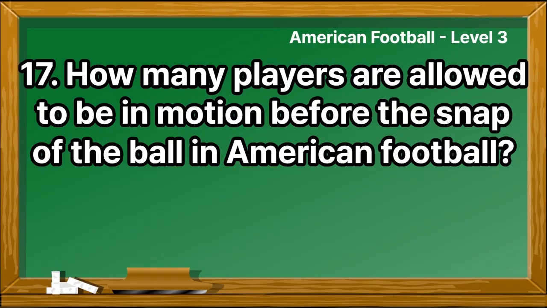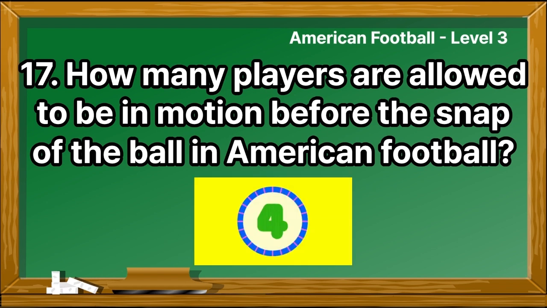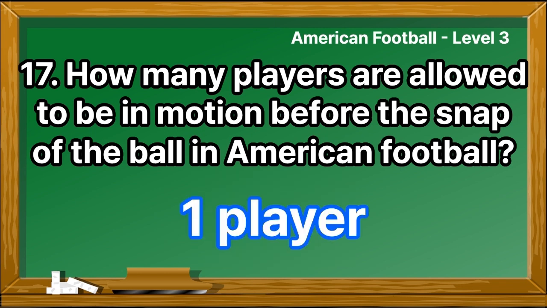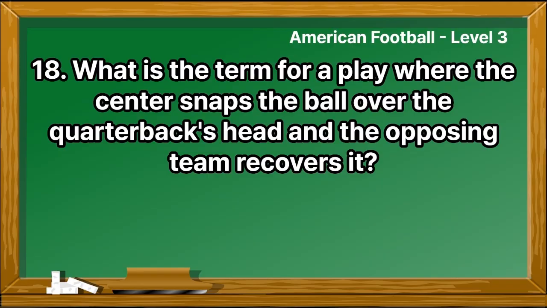How many players are allowed to be in motion before the snap of the ball in American football? One player. What is the term for a play where the center snaps the ball over the quarterback's head and the opposing team recovers it?